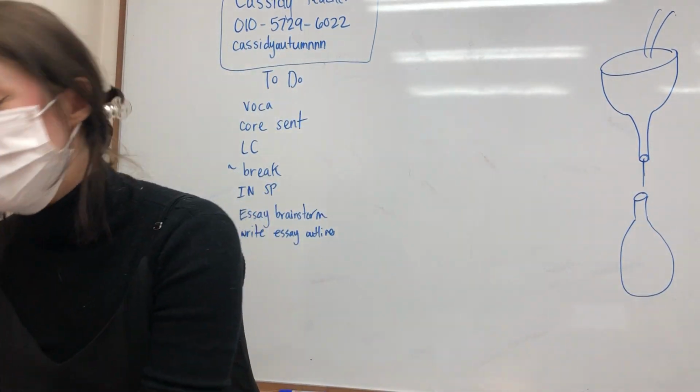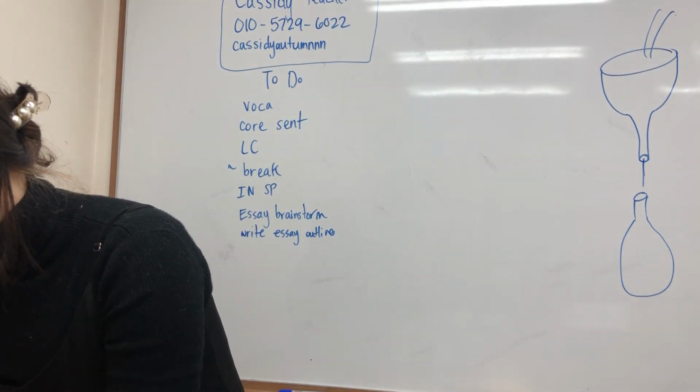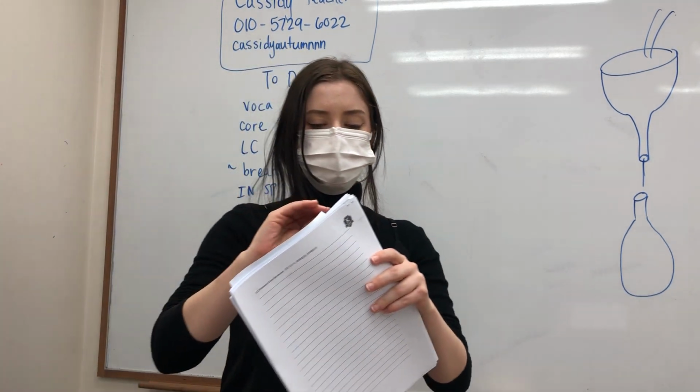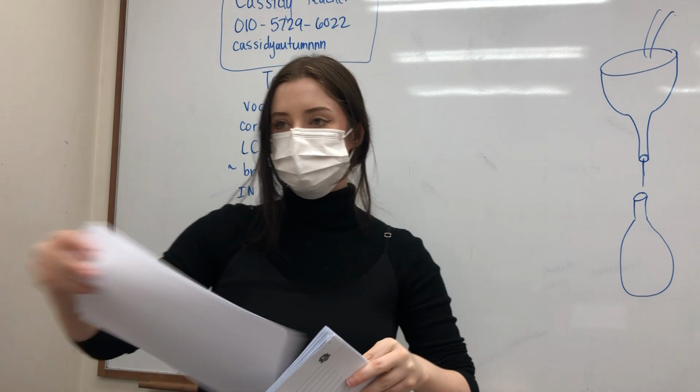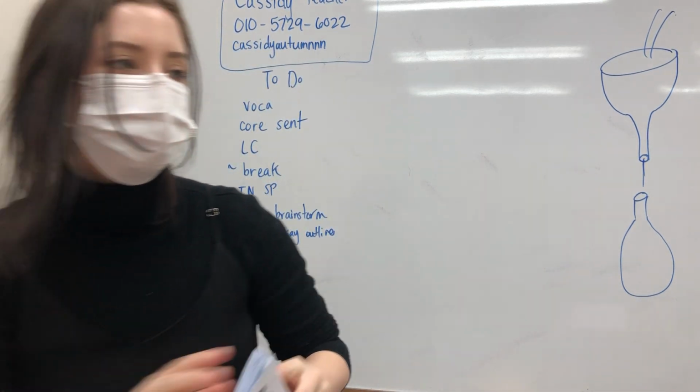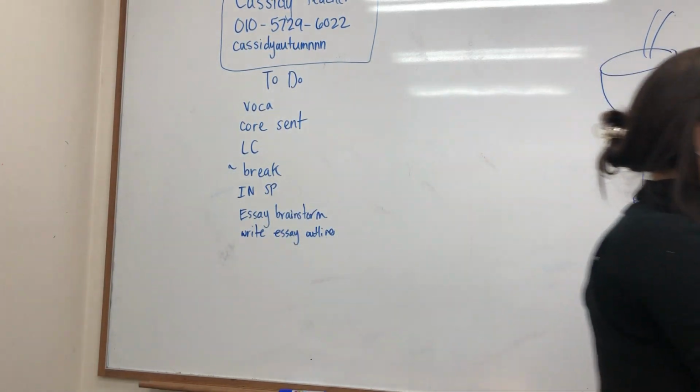So I got to pass those out. Let's see, we've got 1, 2, 3, 4, 5, 6. I think this is 6. There we go. And then 1, 2, 3, 4.